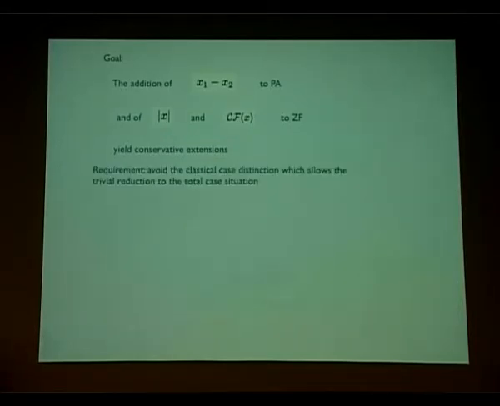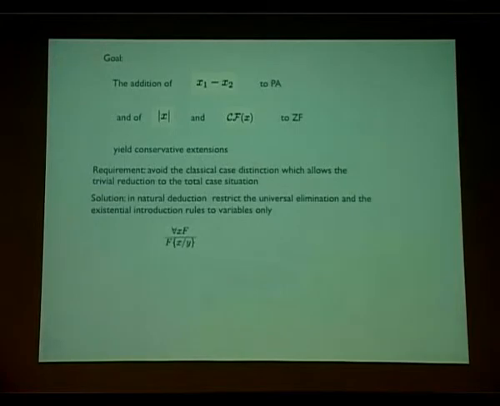So the goal is to show that the addition of these operations to the theory PA or ZF yields conservative extensions. But of course, you have to set the logical ground appropriately for this to happen. The solution is quite simple if you look at things proof theoretically. It suffices to restrict the for all elimination and there exists introduction rules to variables rather than arbitrary terms.